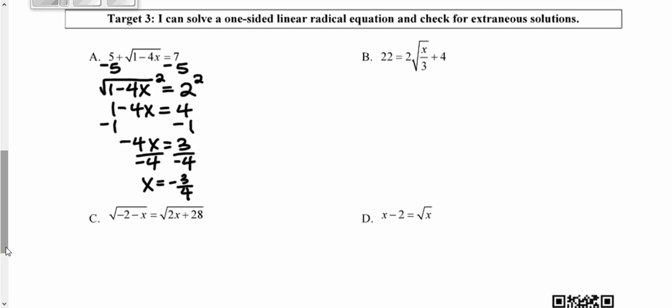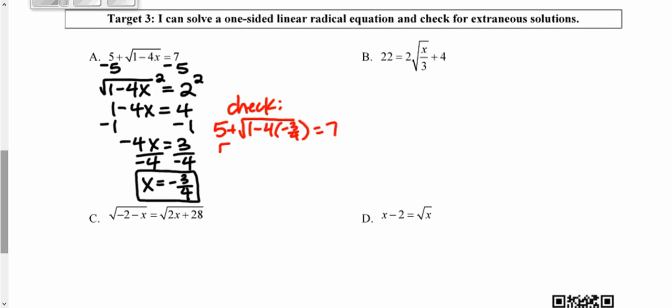If we plug it back in, remember you always have to check your work on these problems. 5 plus the square root of 1 minus 4 times -3/4 equals 7. So that would be 5 plus the square root of 4 equals 7. 5 plus 2 is 7. So that all works out.